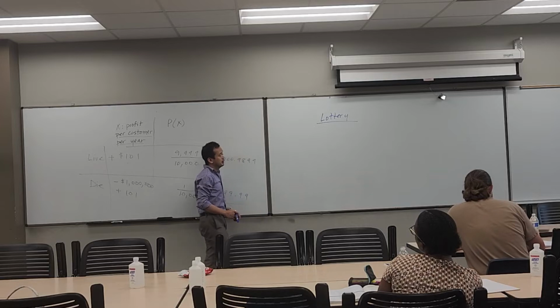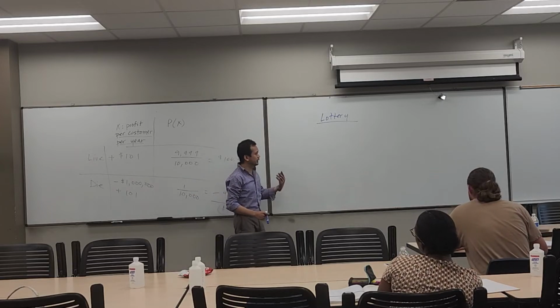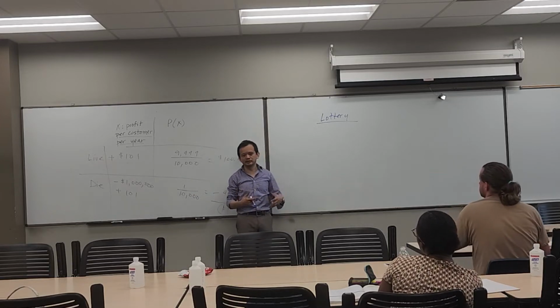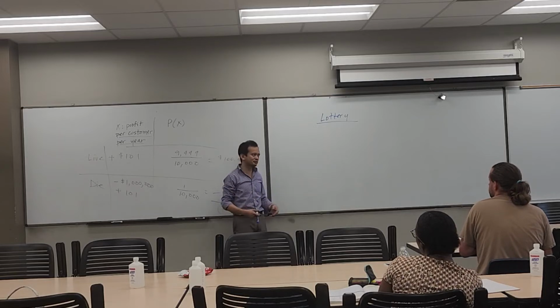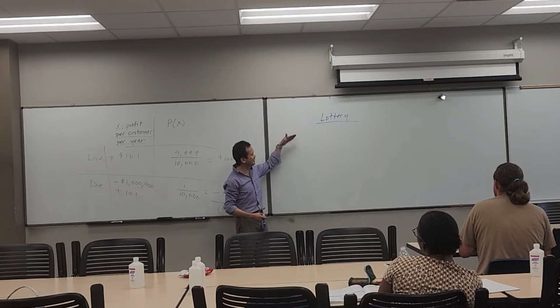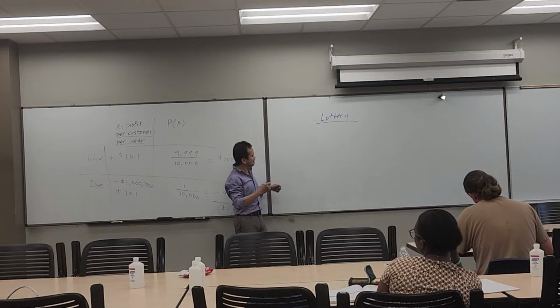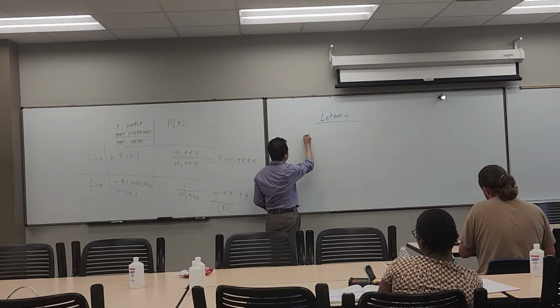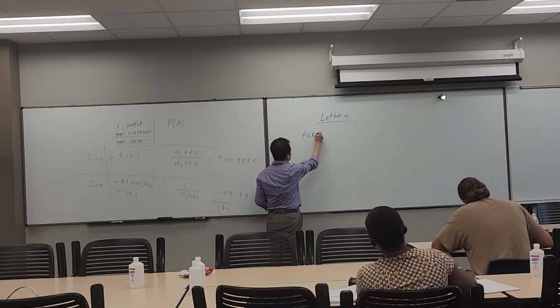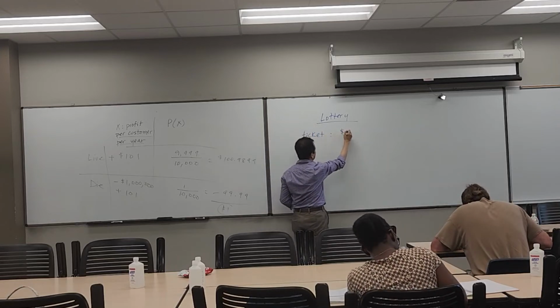And so, usually lotteries are funded by the government in order to make money for education, presumably. Let's talk about some of the numbers. Let's say that each ticket costs $1.